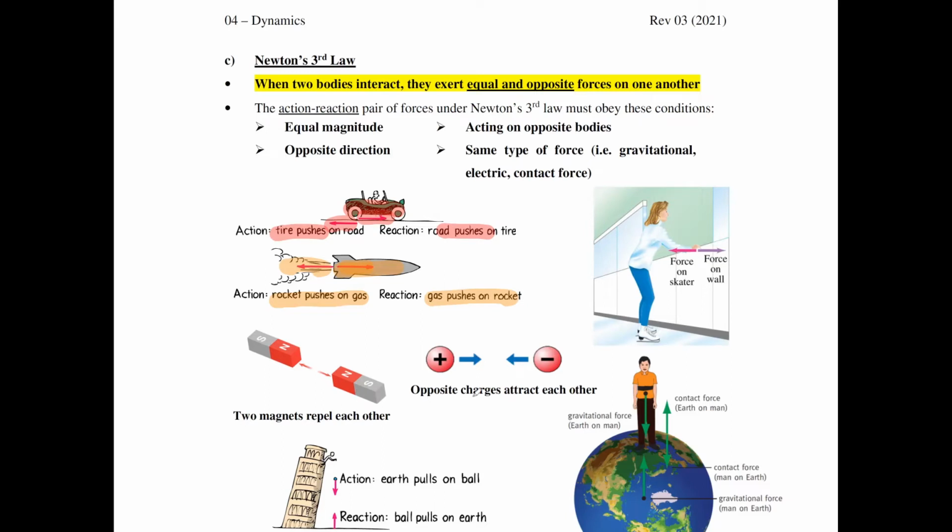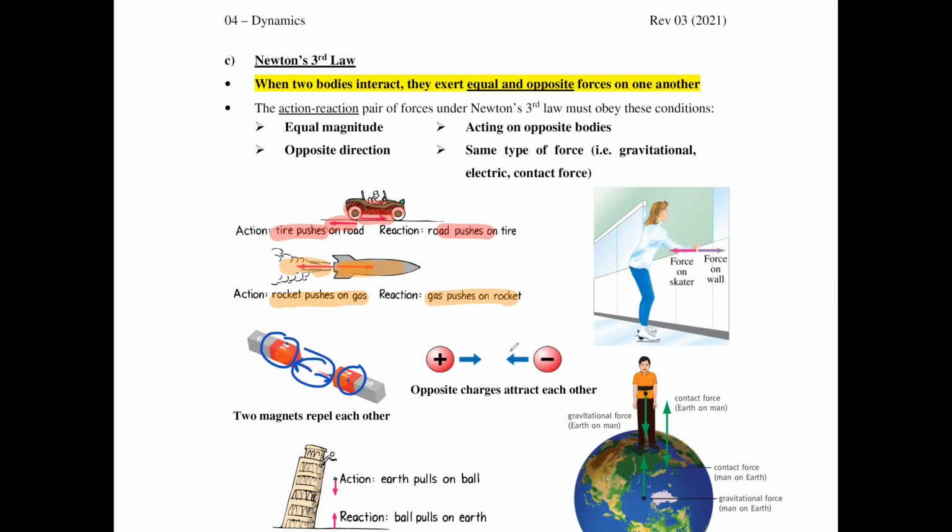And then if you look at the two examples below here, you have an end pole of a magnet and another end pole of a magnet. So what you can say is that this end pole will repel this end pole. In return, this end pole will repel the other end pole. So this is an action-reaction pair.